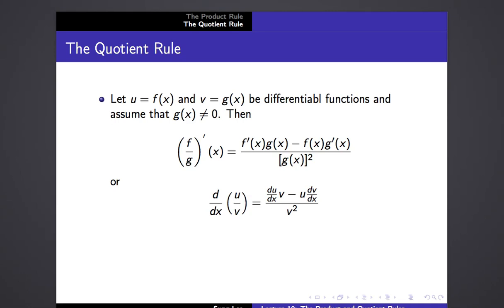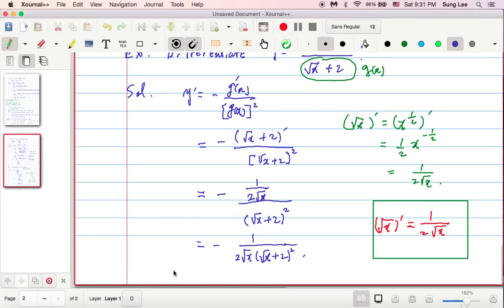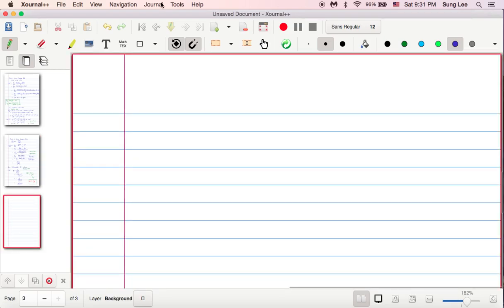So I'm heading back to my notepad. Proof of the quotient rule.